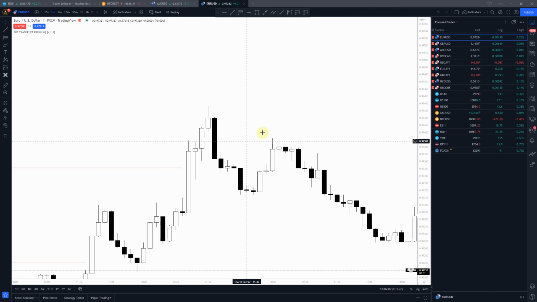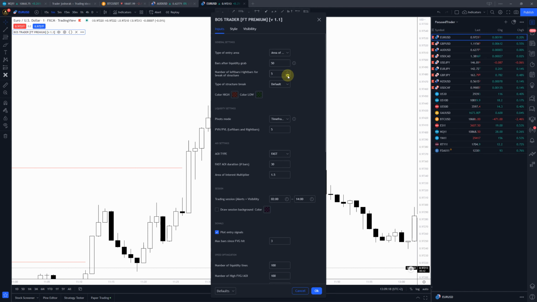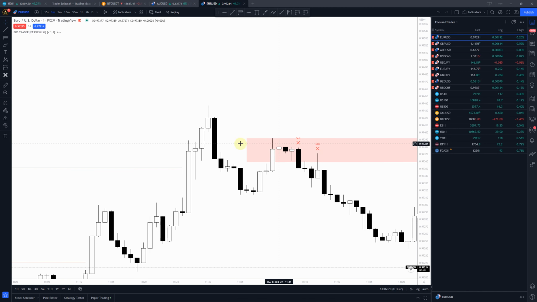And that's the reason why we don't see the area of interest, because the area of interest pops after there is a break of structure. So when we set this setting to 1 again, we will see this area of interest, because structure was broken. We got this high, we got this low, and here is the break of structure.